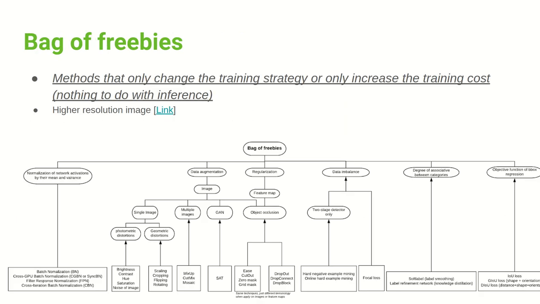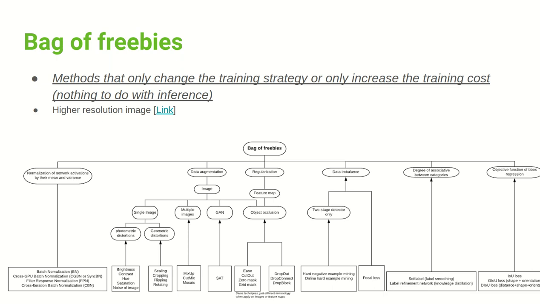So first, we're going to talk about the bag of freebies. The definition of bag of freebies is the methods that only change the training strategy or only increase the training cost. There's nothing to do with the inference. In this diagram below, I'm going to first tell you how to read it.